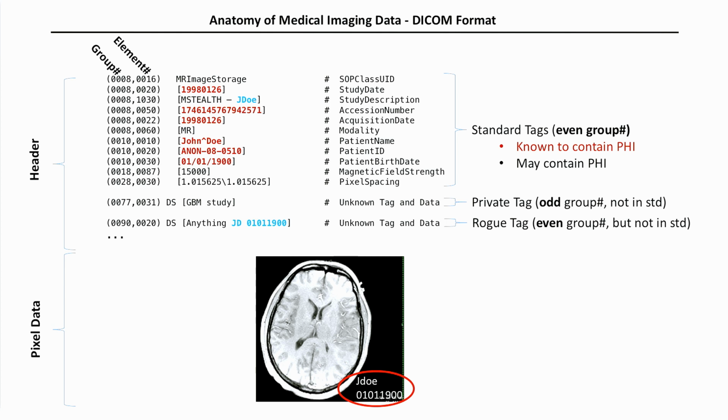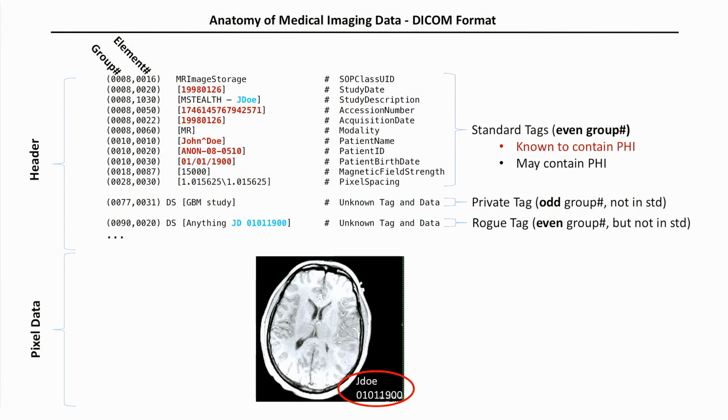And the standard tags are ones with even group numbers, and ones that I've shown as examples in red are fields that we know have PHI in them. Other fields may or may not have PHI, we don't really know up front.